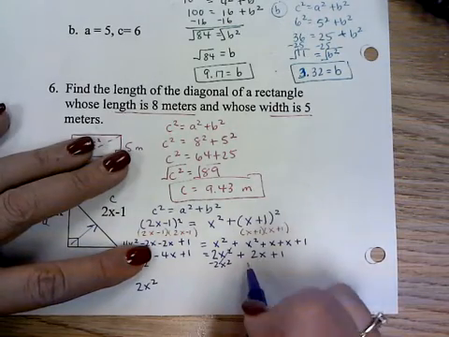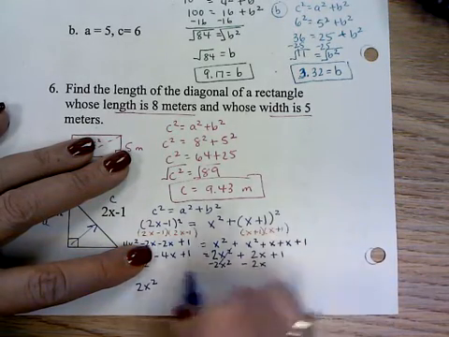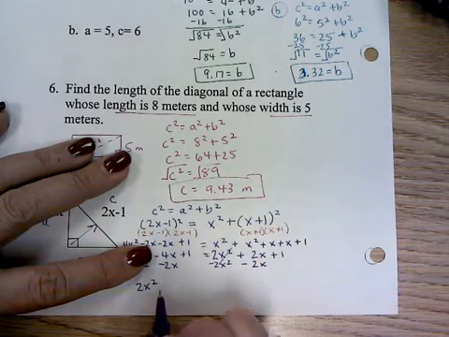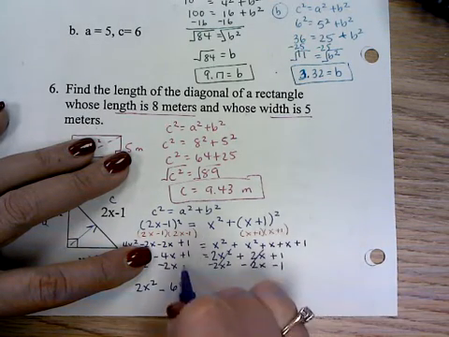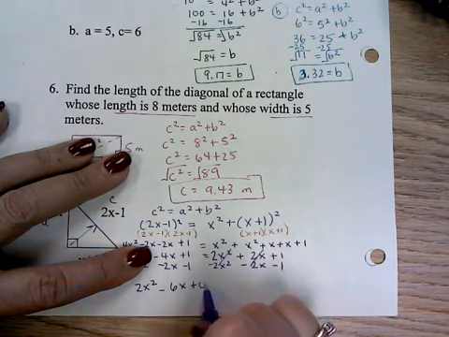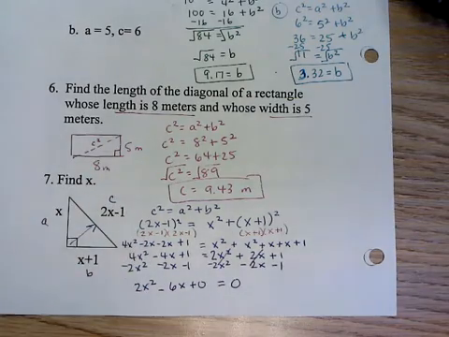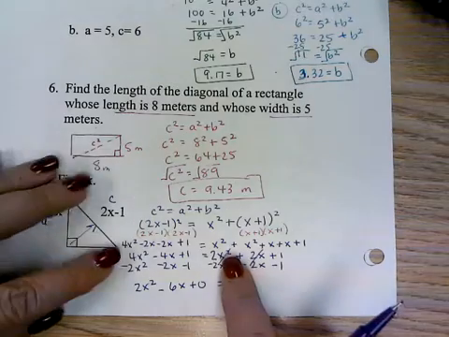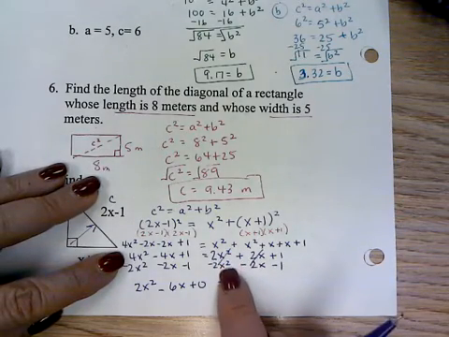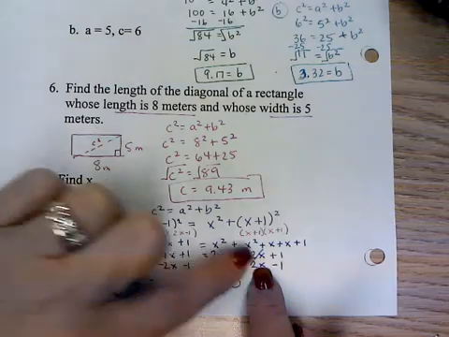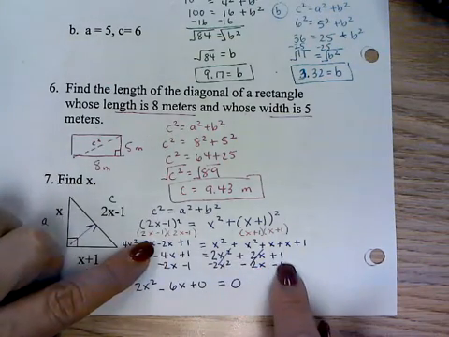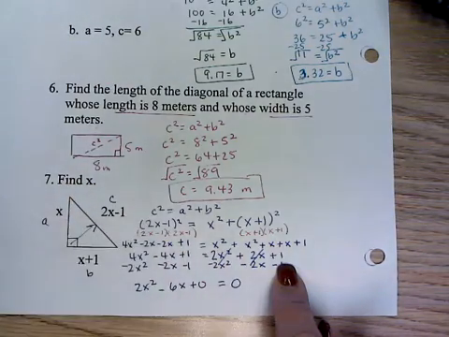I'm going to bring my 2x over by subtracting 2x. And I'm going to bring my 1 over by subtracting 1. Again, I had to have it equal 0, so to get rid of my 2x squared, I subtracted it. To get rid of my 2x, I had to subtract it. To get rid of my 1, I had to subtract it from both sides.